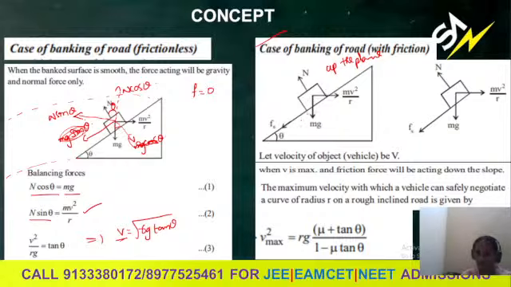Now you can see in the picture, by extending this line, the normal reaction makes angle theta. So this is N cos theta, and this will be N sin theta.